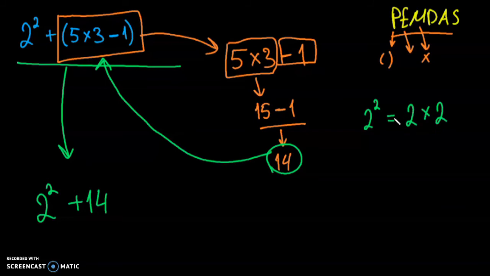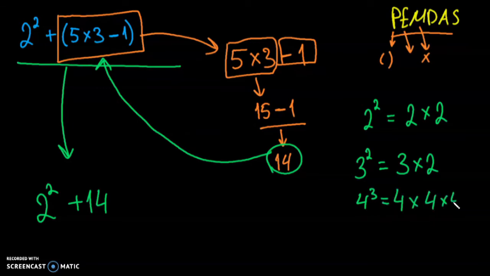Multiply by itself 2 times. 3 to the power of 2 means multiply 3 by itself twice. 4 to the power of 3 means multiply 4 by itself 3 times. Okay? And it's called exponent.